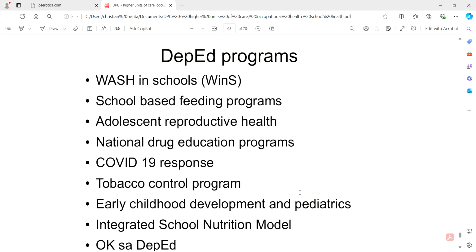Okay, webinars on school health, mental health initiatives, and National Suicide Prevention Day and National Drug Education Programs. So the DepEd has several programs under school health. So WASH in schools. WASH is water, sanitation and hygiene in schools. So this covers everything from hand washing to basic hygiene.